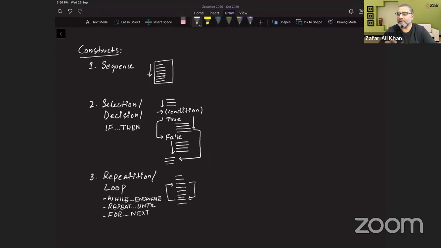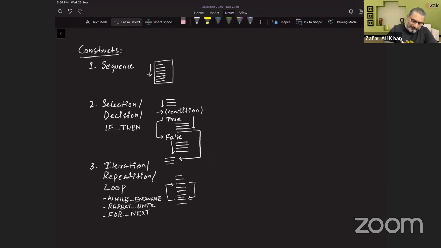Sequence is the order in which the instructions occur and are processed. Selection determines which path a program takes when it is running, and iteration, also called repetition, is the repeated execution of a section of code when the program is running. So let's write about it.